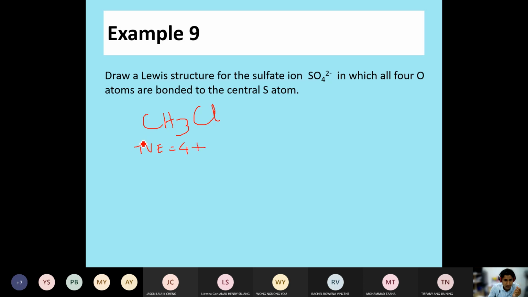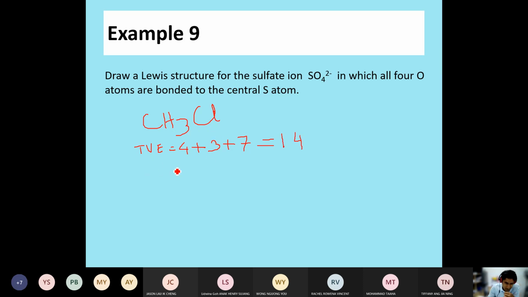It is the 4A group, so it has 4 electrons at the end. Hydrogen has 1 electron on each of the atoms, so there will be 3 times 1, 3, and chlorine has 7 electrons at the outer shell, so altogether it is 14 electrons.